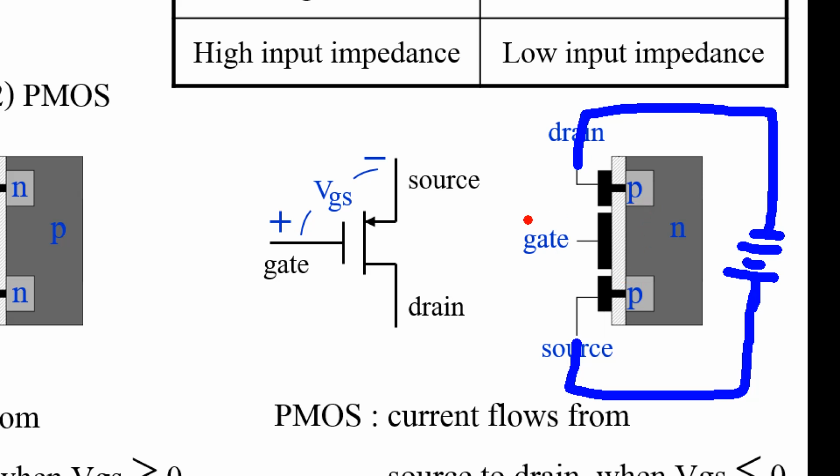Anyway, if you apply negative charge at the gate, this negative charge will push electrons away and pull holes in this direction. Because this is an insulator, the charge cannot flow through this layer. That means the holes will accumulate in this area.